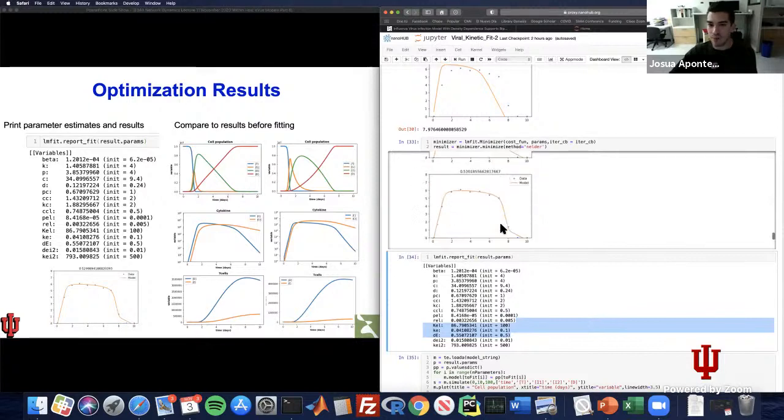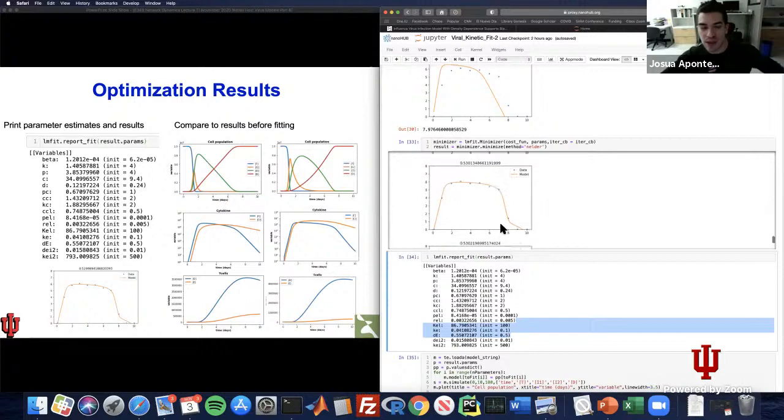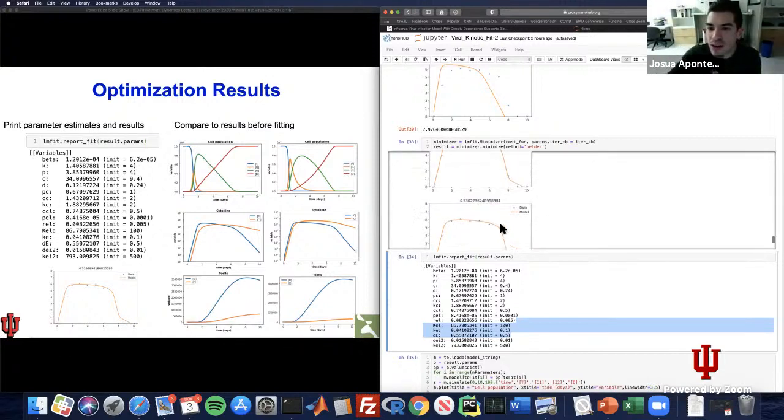And then the reason we stopped, when I was talking about that callable iteration, callable function, is because if you look at all of these iterations, this number here is the residual function, or the value of the objective function. And when you look at it, it's clearly not decreasing by a lot.